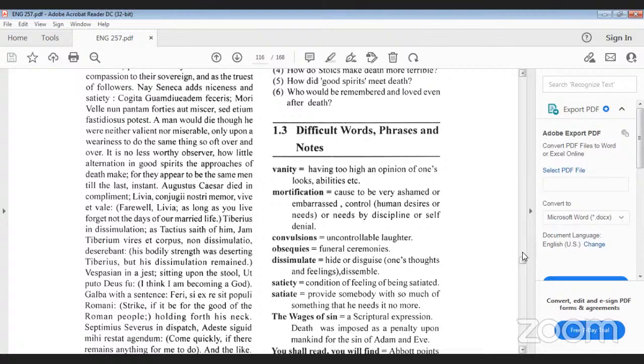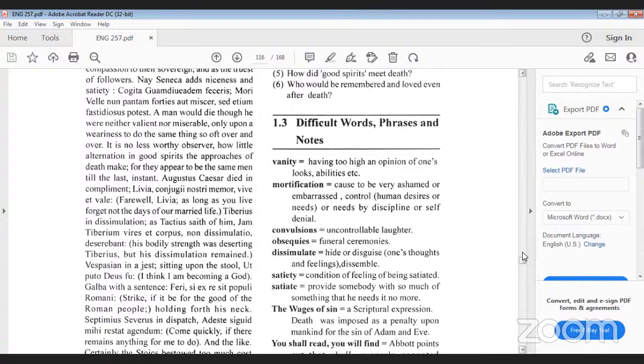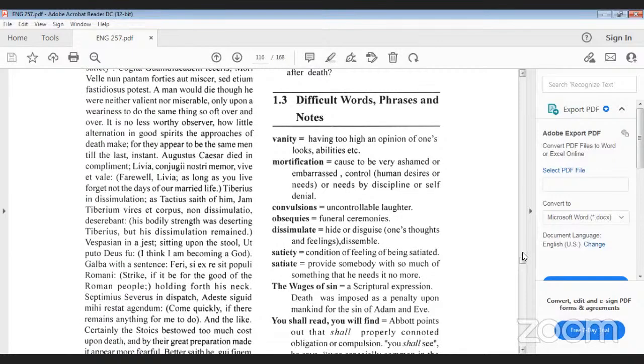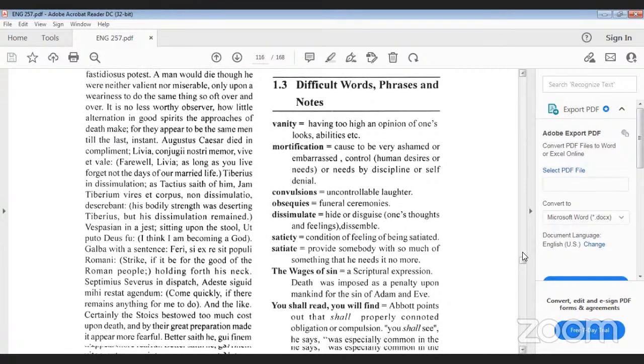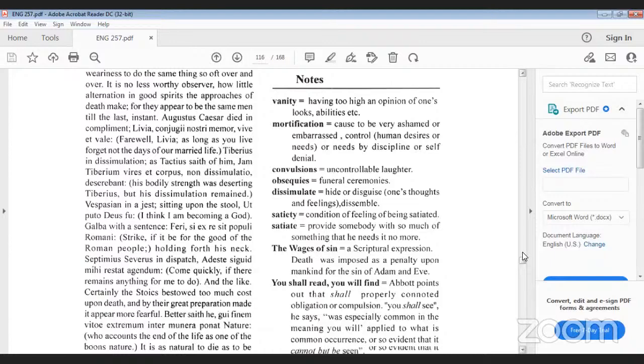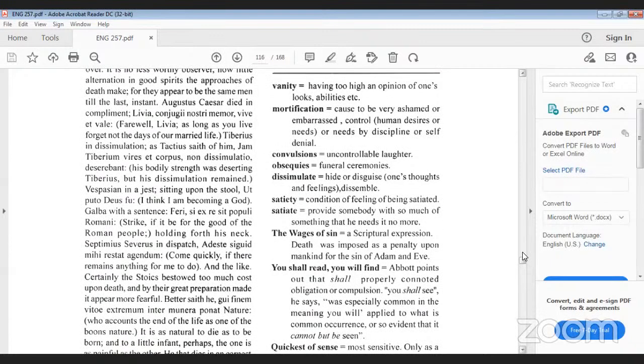Vespasian died in a jest, sitting upon the stool: Ut puto deus fio. I think I am becoming a god. Galba with a sentence: Feri, si ex re sit populi Romani. Strike, if it be for the good of the Roman people, holding forth his neck.